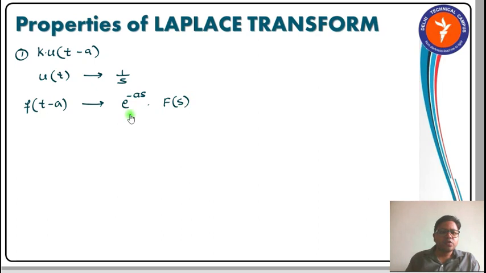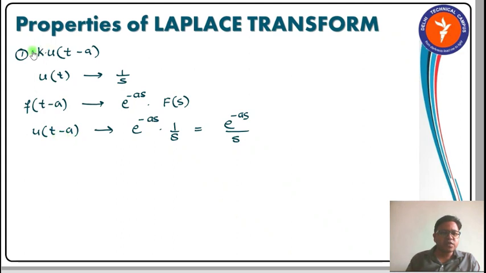So here f of t is u(t), so the Laplace of u of t minus a would be e raised to power minus as into F of s. But f of t here is u(t), so the Laplace transform of u(t) is 1 by s, so I will multiply it with 1 by s. So the answer is e raised to power minus as by s.